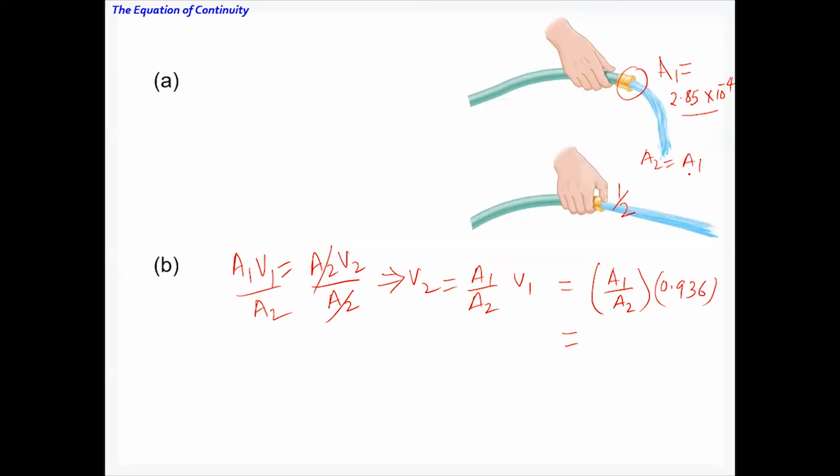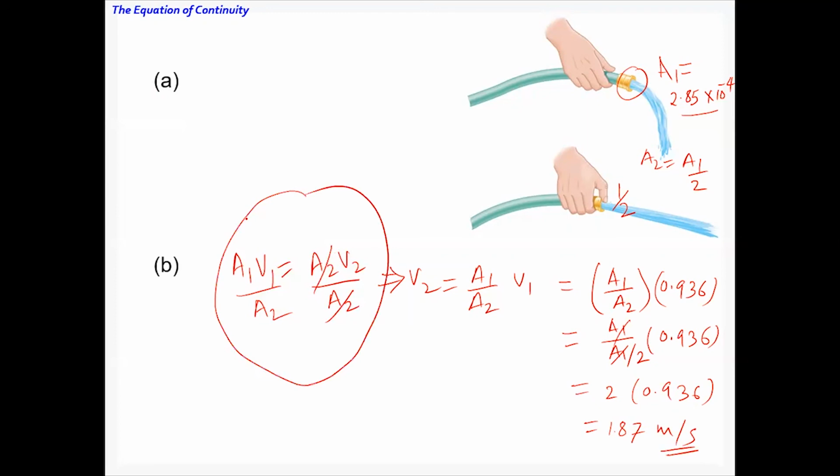So 0.936, and this cancels out, the 2 goes to the top: 2 times 0.936 gives you the value 1.87 meter per second. So this is how you use the equation of continuity to solve the problem.